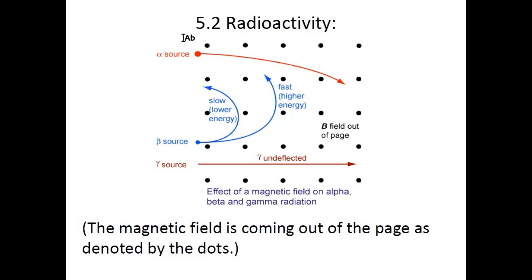As you can see, the source is on the left side and the particle is going towards the right, and that means my thumb is pointing downwards. That means the force would be acting downwards on the particle, hence the alpha particle would be deflected downwards.